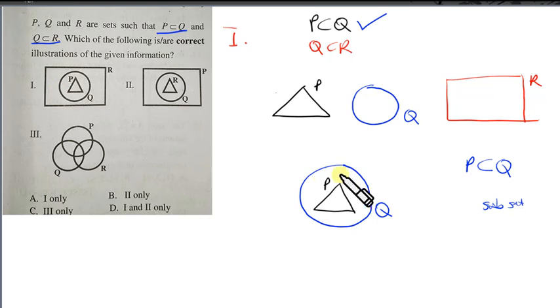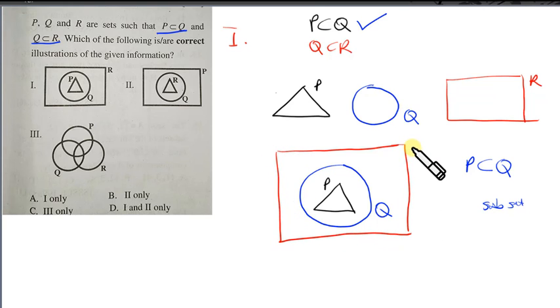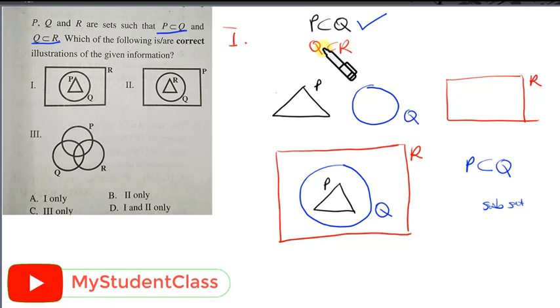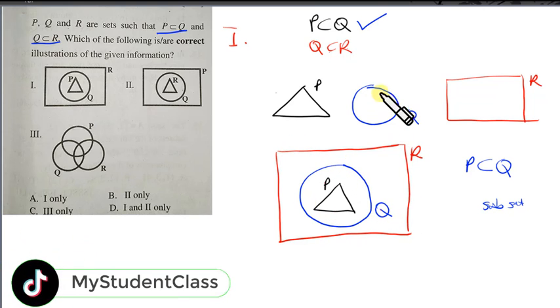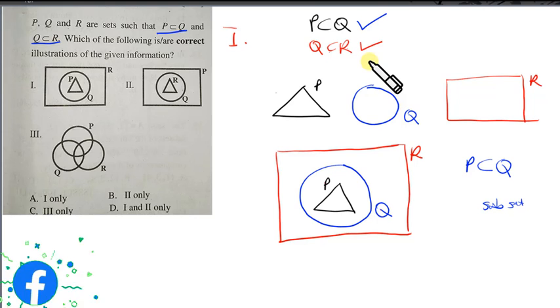We also have a rectangle that covers the entire two sets, P and Q, and this rectangle is the set R. So P is also in R and Q is also in R. We are told that Q is a subset of R, so Q is in R. Of course, we see that the blue circle is in the red rectangle, so this also makes this true.